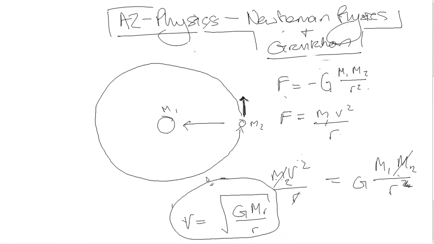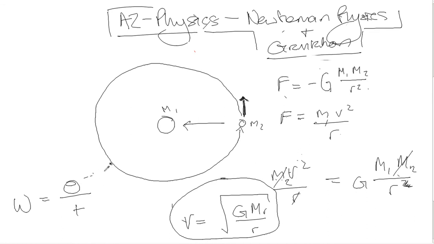If we want to work out the escape velocity, oh, by the way, let me quickly explain why this is as such. In circular motion, you have a concept called the angular velocity. Angular velocity is simply the number of degrees that an object moves through over the time taken.